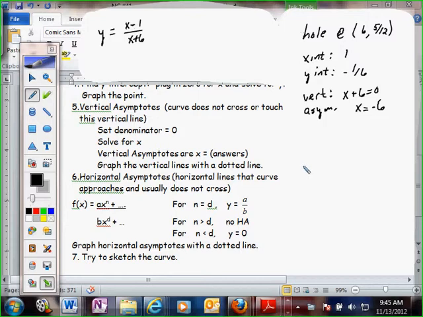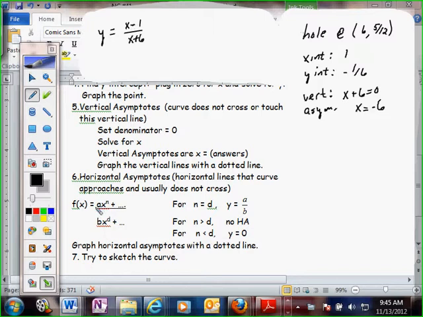Now to find the horizontal asymptote, it's a little different, but we have all of these steps here to show us. The horizontal asymptote is the line that the curve approaches and usually does not touch. We have this notation of our function: f of x equals a times x to the power of n over b times x to the d.